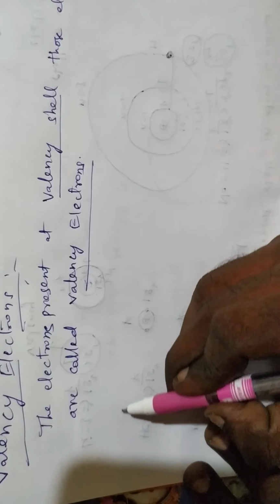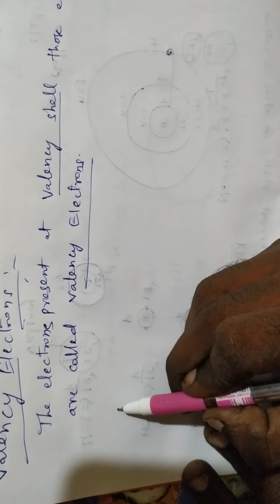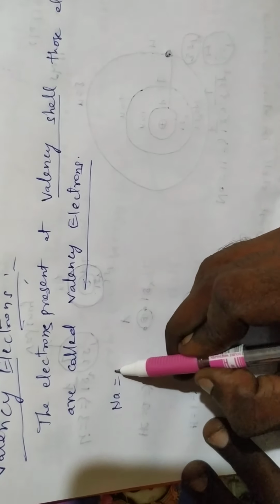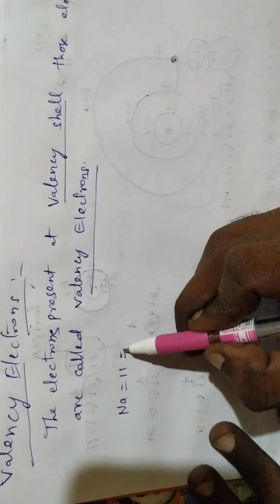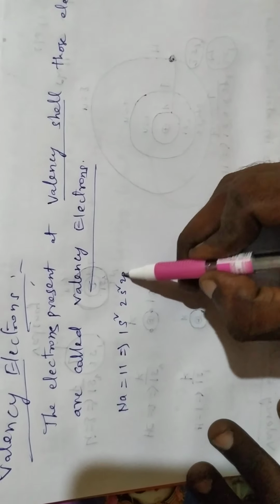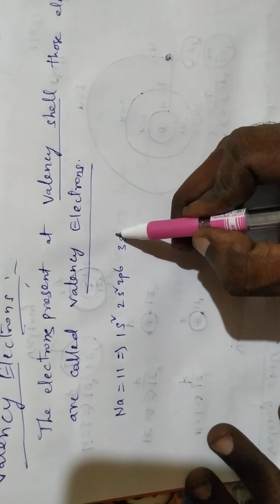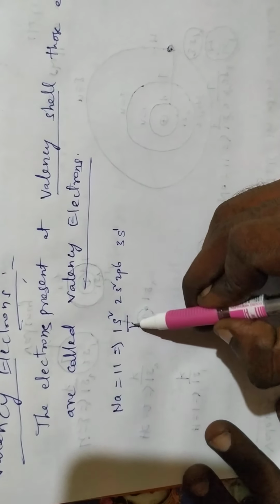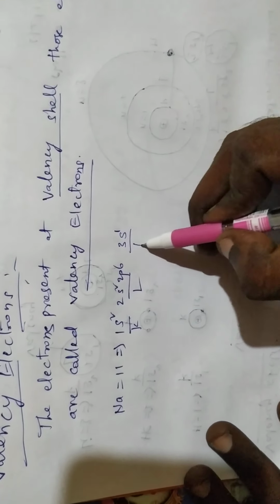Listen, all of you. For example, sodium atomic number is 11. Electron configuration is 1s2, 2s2, 2p6, 3s1. K shell, L shell, this is M shell.